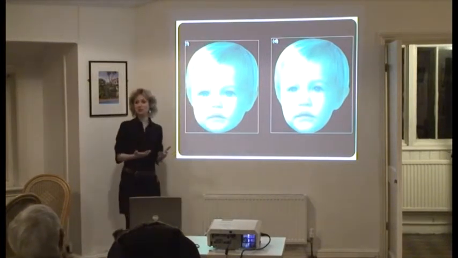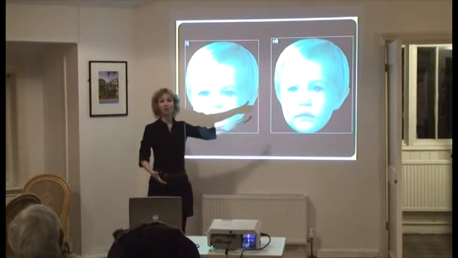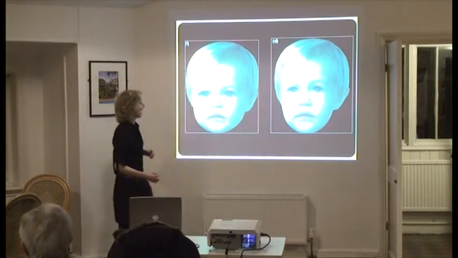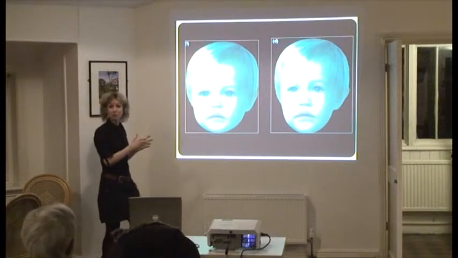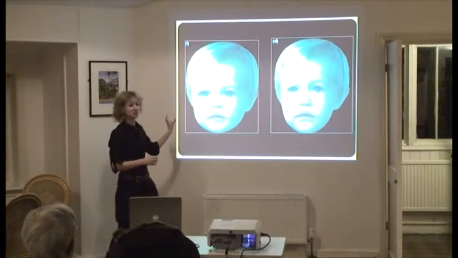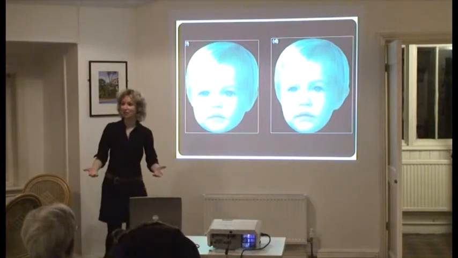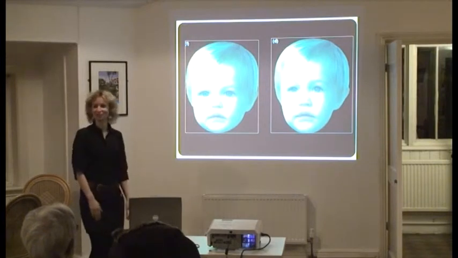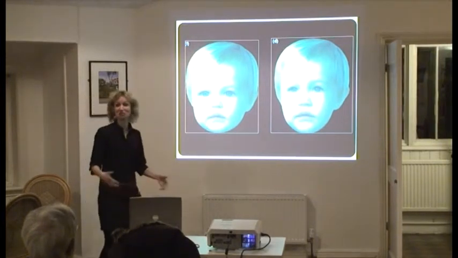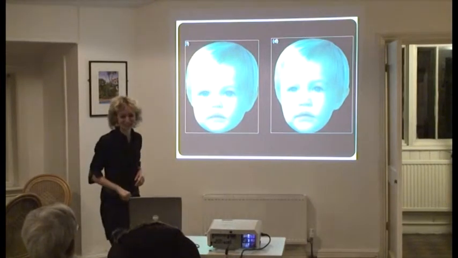And obviously, you've got no choice but to look at one or other of the pictures. And what they find is that when you put two together, people will spend more time looking at the cuter image. So if you were to sit here for a while, the chances are you would look at, which one do you think? The one on the left or the one on the right? The one on the left. Probably because you think it's cuter, it's nicer to look at.